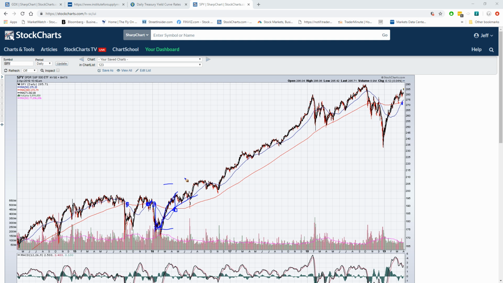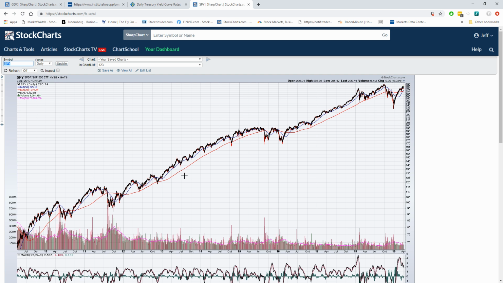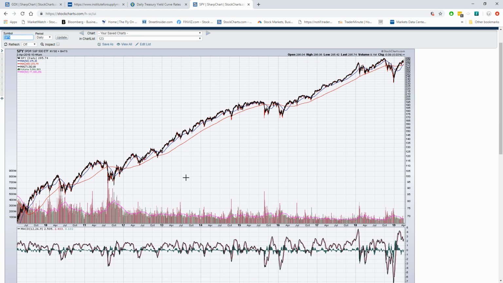But this is the last 5 years. We don't see it happen very often. I think if you were to interview fund managers and ask, are you making decisions based on a golden cross or a death cross? They kind of roll their eyes at you and go, what type of voodoo are you talking about?